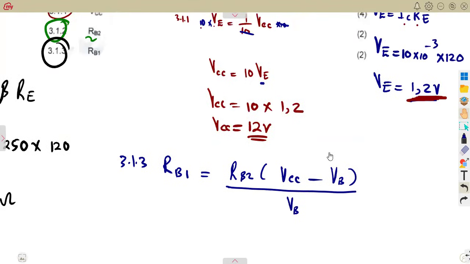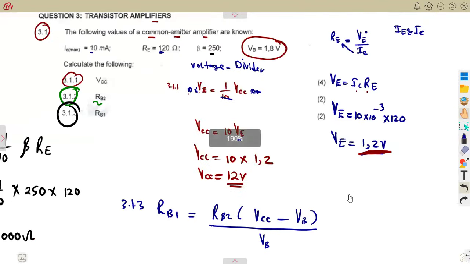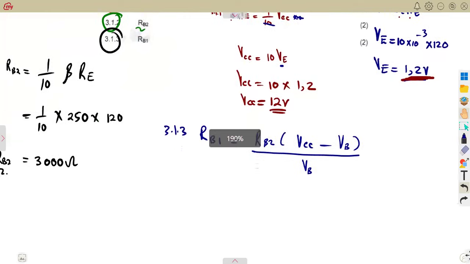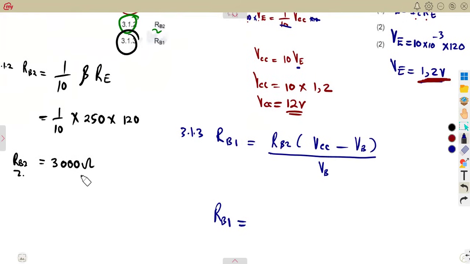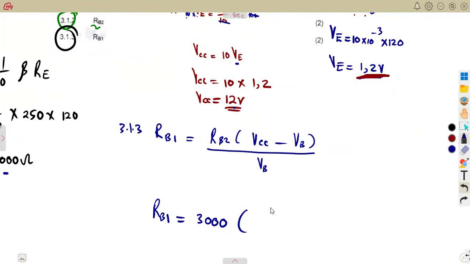So this is going to be RB2 into VCC minus VB, everything over VB. So we just substitute. We have got everything, guys. Remember, we calculated the VCC, everything is there. So RB1 is going to be RB2, which is the value that we just calculated, 3,000, into VCC, which you calculated as 12, minus VB.